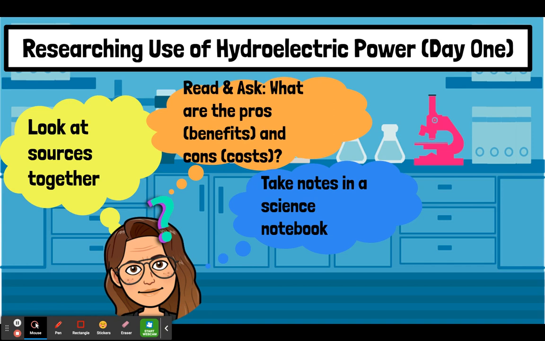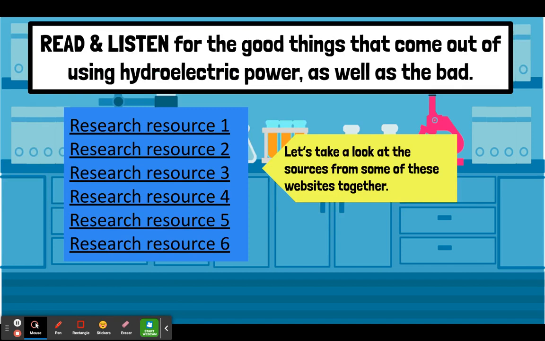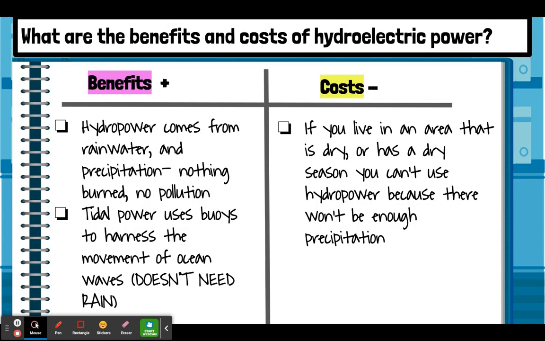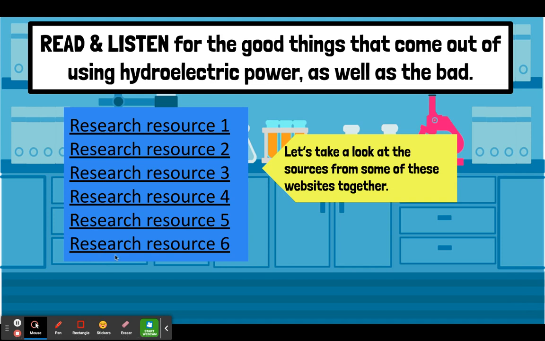What's the downside of this new information that I'm getting about hydroelectricity or even tidal power? So good luck, and I hope you find some interesting information. Remember, you may have to click around a little bit in order to find what you're looking for. But as you read, make sure to hone in when you find out any information that might be a benefit or that might be a cost.